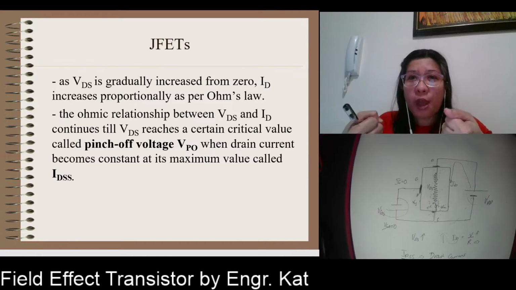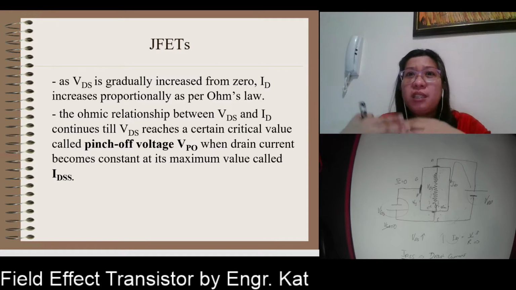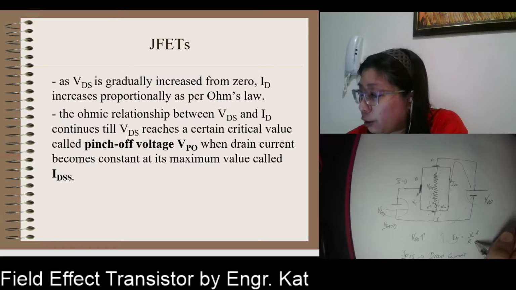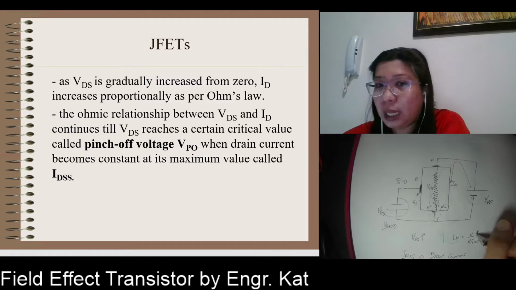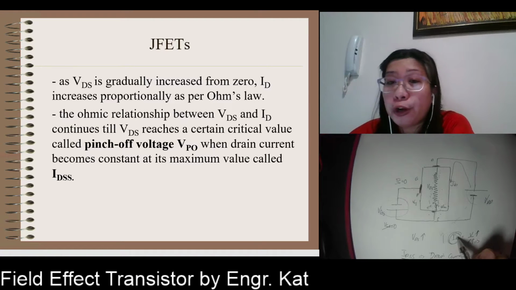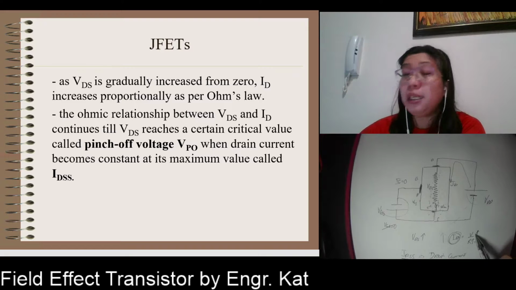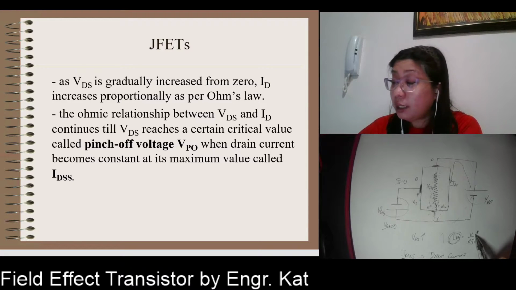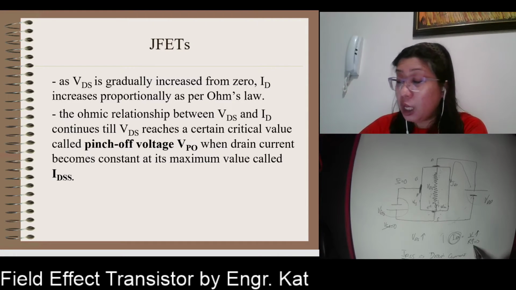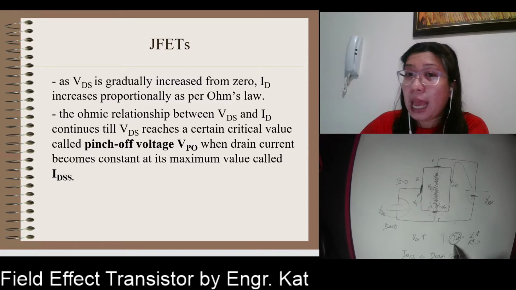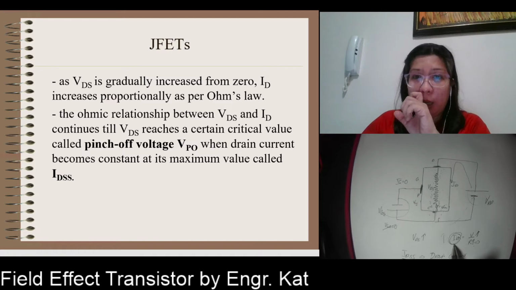When the length of the wire is stretched, the resistance also increases. So even though you increase the voltage, your current becomes constant, because an increase in voltage causes an increase in resistance, so the increase is cancelled out, and your ID is held constant.